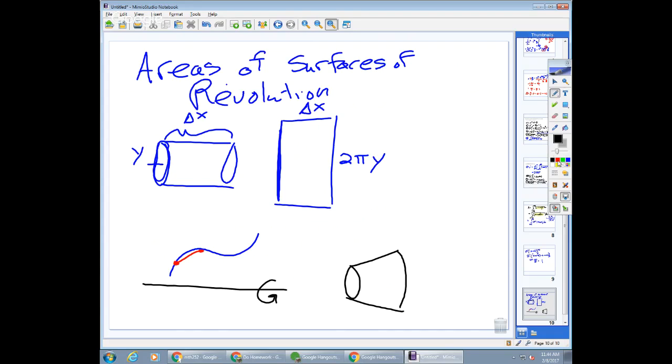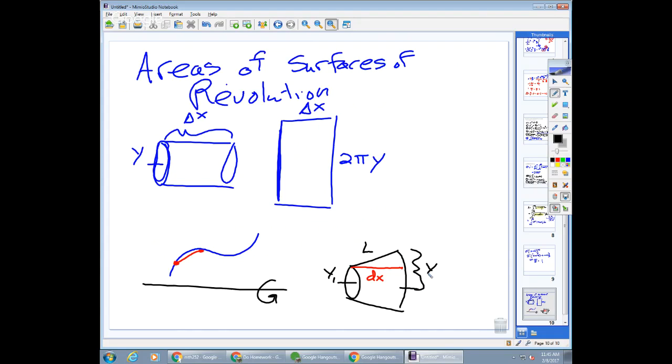My dx here would be that horizontal distance. This diagonal, I'm just going to call that L for now. Unlike a cylinder, I'm going to have 2 radii. I'm going to have a little radius on this side. Let's call that y1. And I'm going to have a bigger radius on this side.